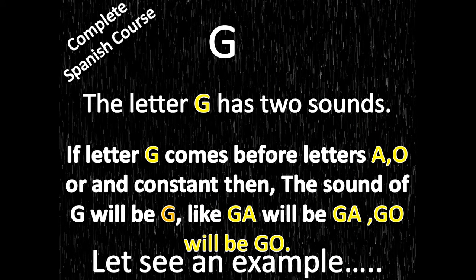The letter G has two sounds like letter C. If letter G comes before letter A, O or any consonant, then the sound of G will be G. Like GA will sound ga, GO will sound go. Understand this sound by the example.